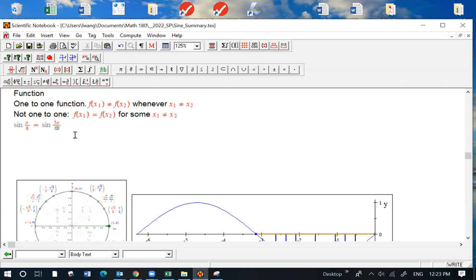Period. The reader can clearly see the inputs are different, but the outputs are the same.